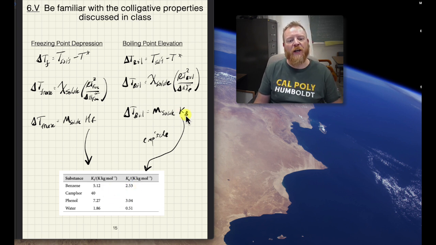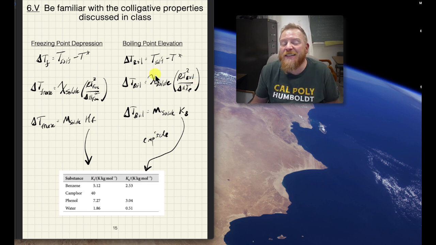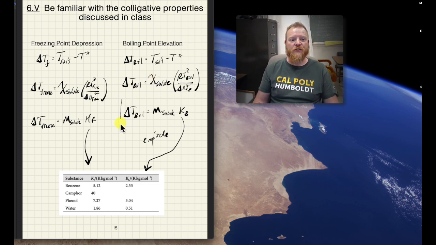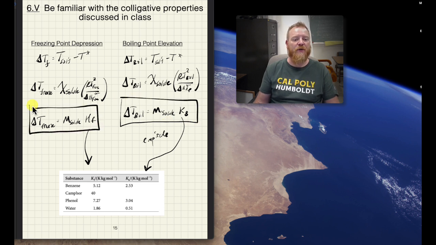So this is a situation where we rely much more heavily on the empirical value than the idealized value, because these kinds of solutions that exhibit colligative properties are generally non-ideal solutions. So we like to use these equations that contain the empirical constants more so than those derived quantities.